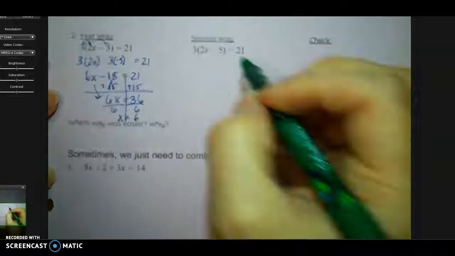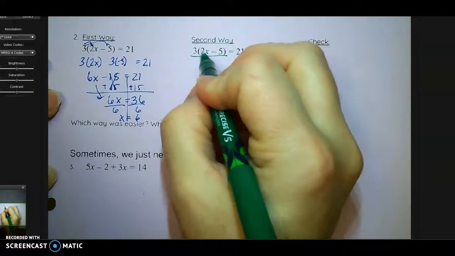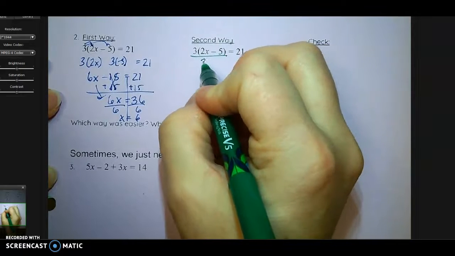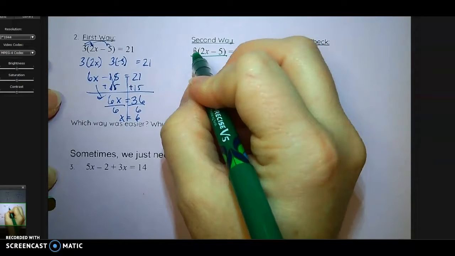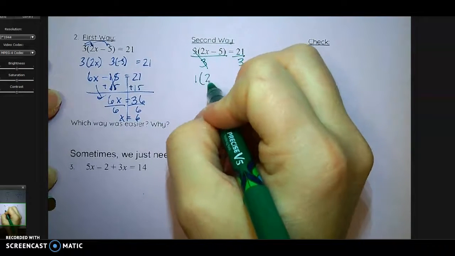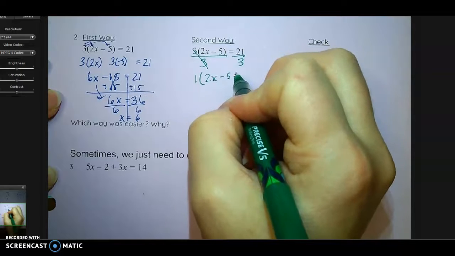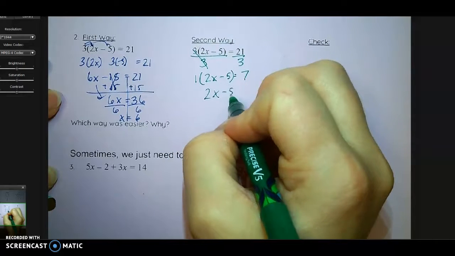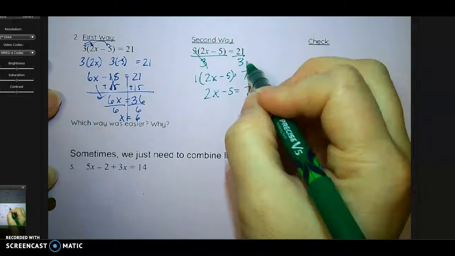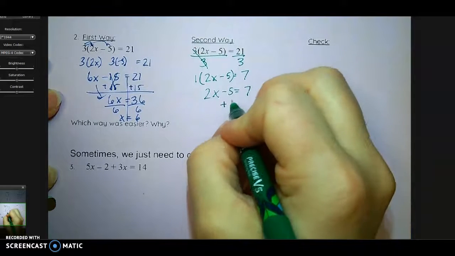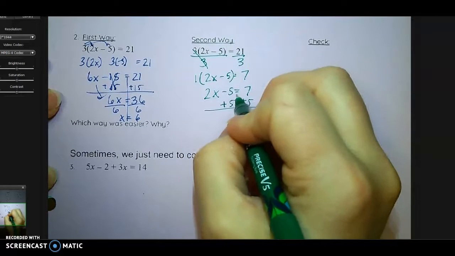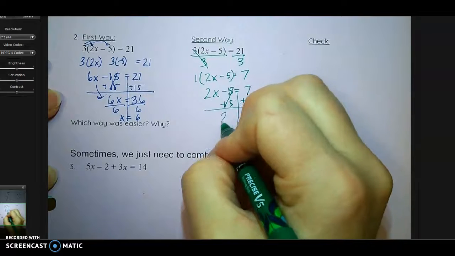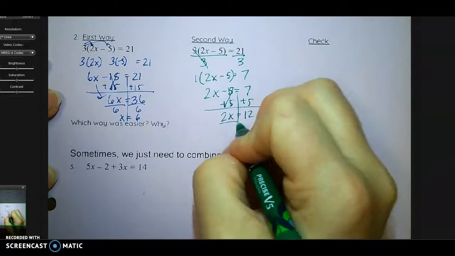On the other side, I'm going to start out, I'm going to go, multiplying everything times 3, so I'm going to divide everything by 3. Remember, that's like I have a 1 there. So I get 2x minus 5 equals 7 when I do that division problem over there. I'm going to add 5. The 5's cancel out.